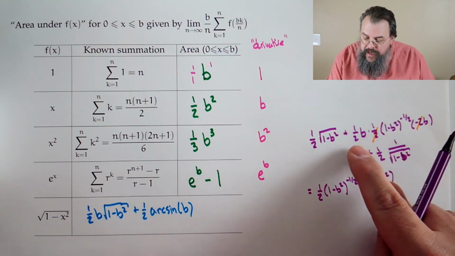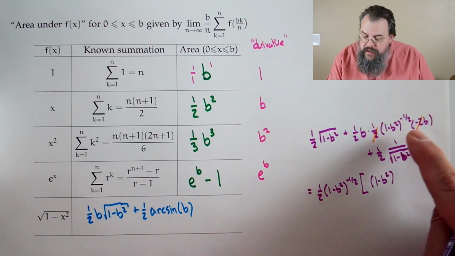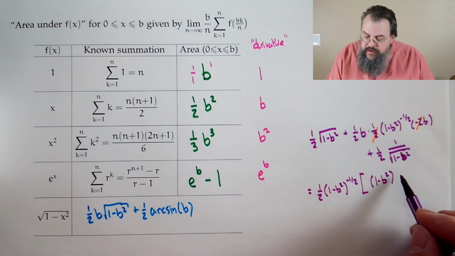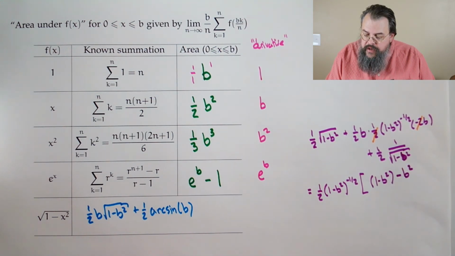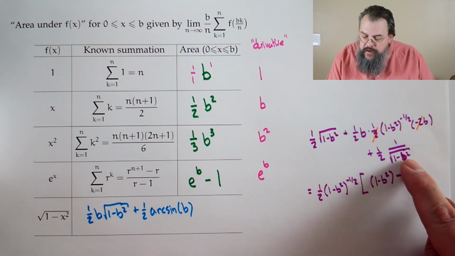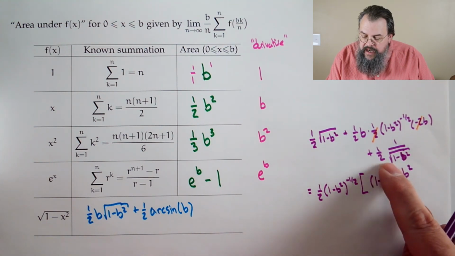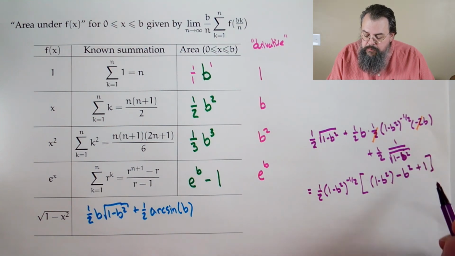Great. We got the half pulled out. That half and 2 canceled. So we're left with the b and the minus b, which makes this a minus b squared. And then from this last term, well, we got the denominator pulled out. We got the half pulled out, so we're left with plus 1.